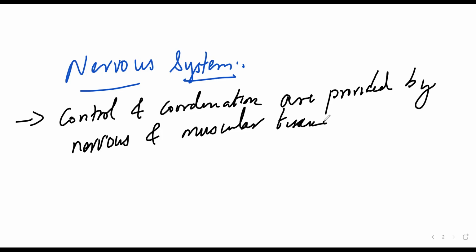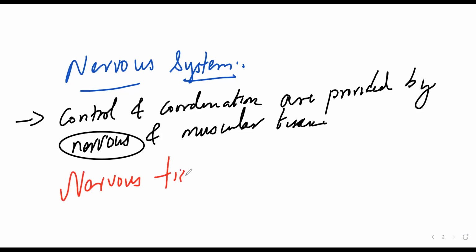So I mentioned the nervous tissue here, right? So what is nervous tissue made of? It is made of something called neurons. Nervous tissue is made of neurons.